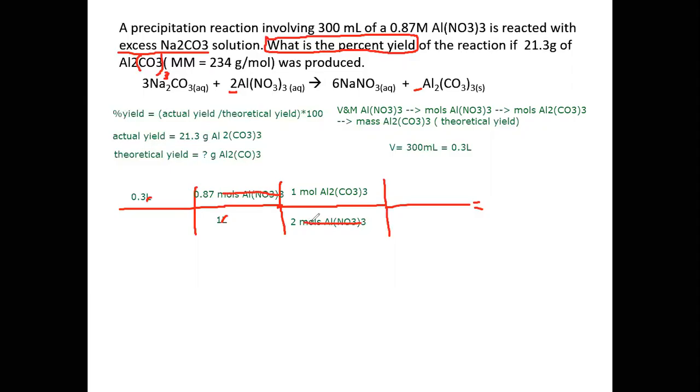Next, we want to convert the moles of aluminum carbonate to grams. So we're going to multiply by the molar mass. So 1 mole of aluminum carbonate is 234 grams of aluminum carbonate. So again, notice that the moles of aluminum carbonate cancel out.